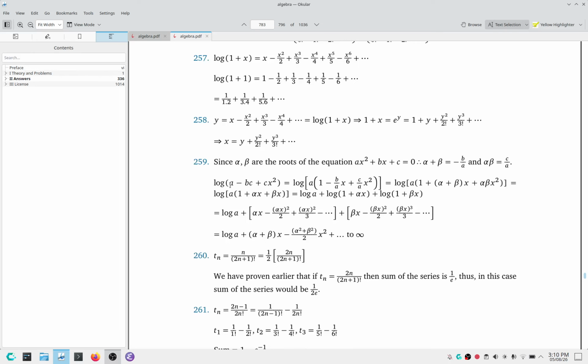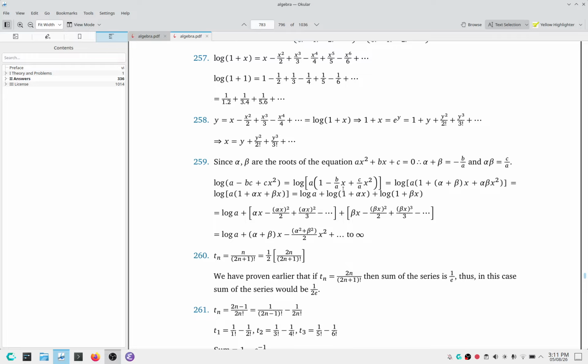Now we are given log of a plus bx plus cx square, that is we take a out, we get 1 plus b upon a x plus c upon a x square. That is log of a times 1 plus alpha plus beta times x plus alpha beta x square, which is equal to, we take a out here, we get 1 plus alpha x times 1 plus beta x. That is equal to log a plus log of 1 plus alpha x plus log of 1 plus beta x.